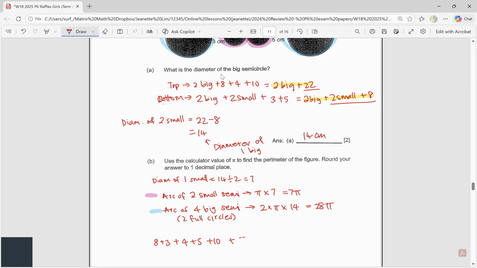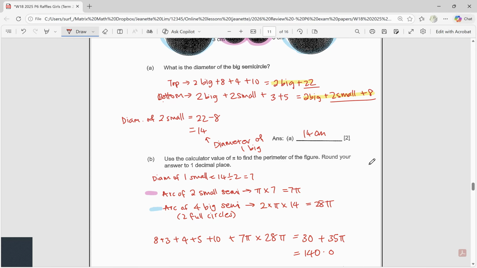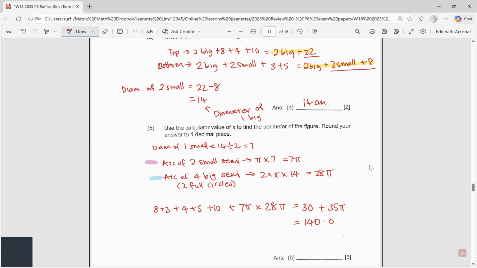And add the pink one and the blue one. So for the numbers it is 30. For your pi it is 35 pi. That gives 140.0. Okay, this is the perimeter.